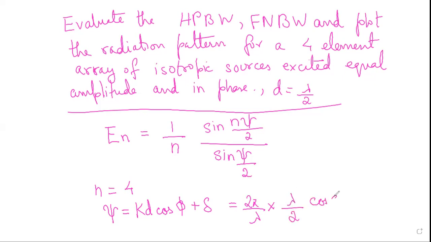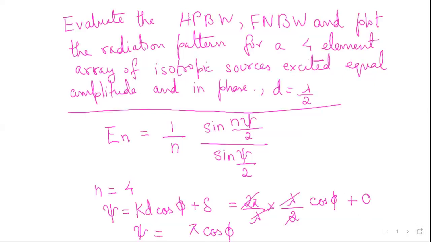So cos phi, what should be delta? If it is in phase, 0. Very good. So if you tell me what will be psi after you evaluate, you will get pi cos phi. Right? Okay. Now I'll go to the next slide. You have copied it down.